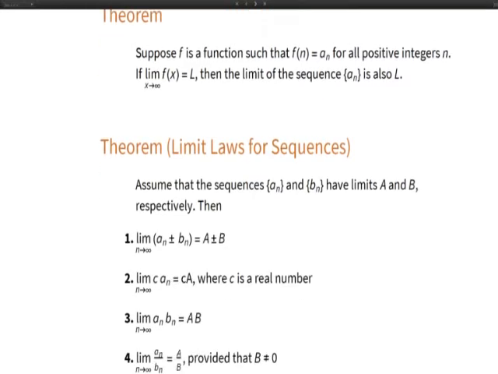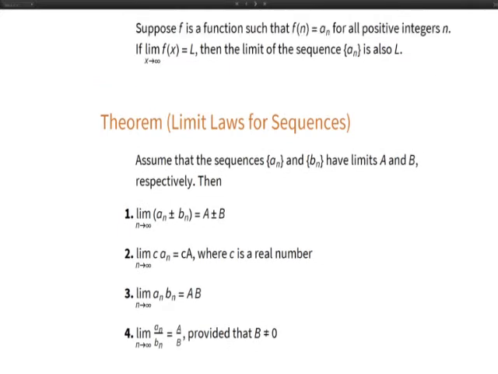Okay. Sequences follow some limit laws that you would expect them to and hope for them to. These are the same kinds of rules we had for limits of functions. If we add or subtract two functions, then take the limit, we could just take the limits first and then add or subtract them.